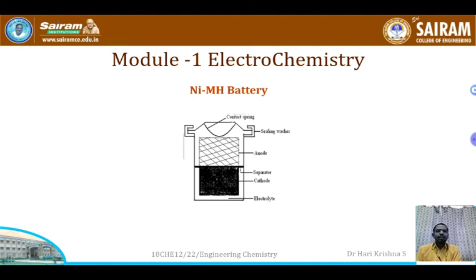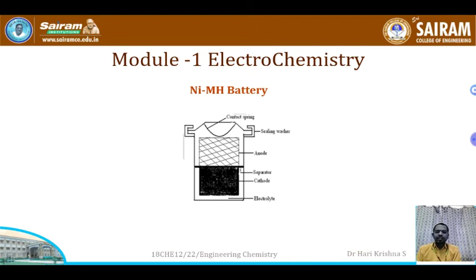At the anode, the active species is metal hydride, which will be coated, and at the cathode, the active species is nickel oxyhydroxide, which will be coated. The anodic active species can be any metal hydride, maybe vanadium, zirconium, titanium, chromium, which will act as the anodic active species.